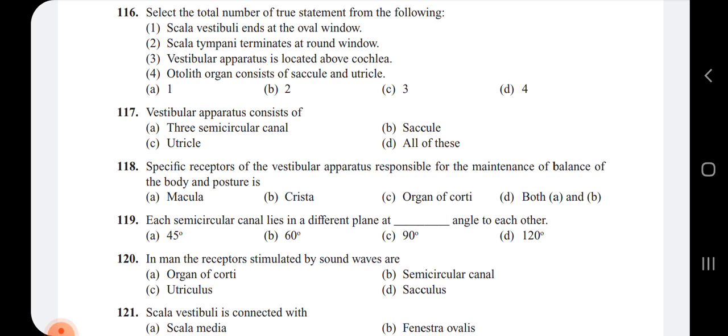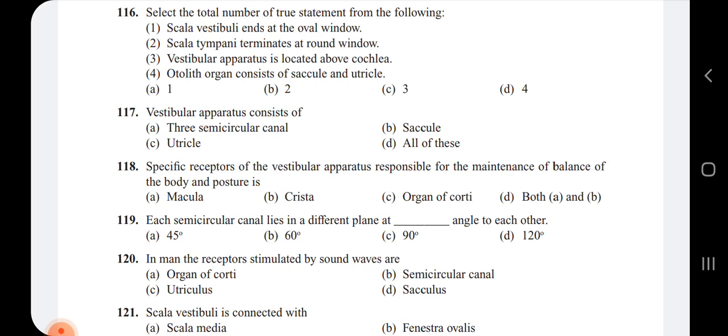The next question, specific receptors of vestibular apparatus responsible for the maintenance of balance of the body and posture. That is done by the crista and macula, so option D is the correct answer.